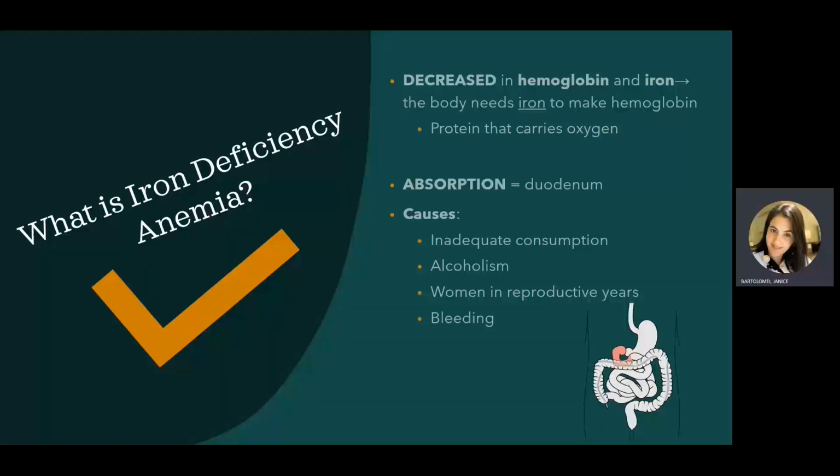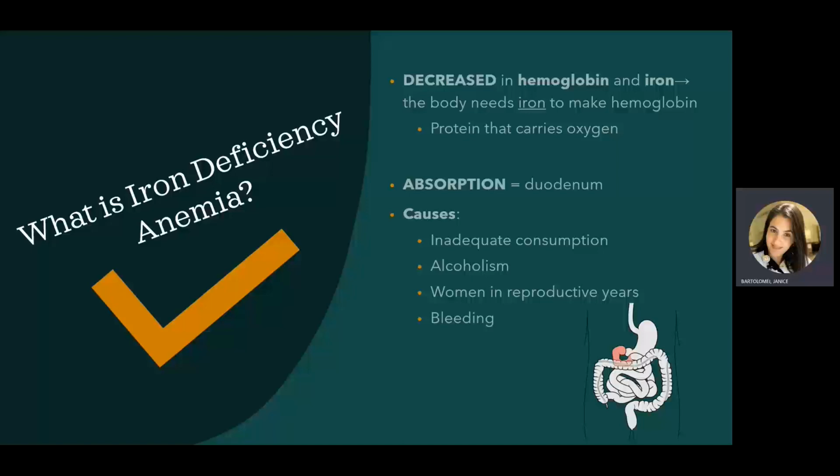Some of the causes that can lead a person to have iron deficiency are a deficiency in their diet. They don't consume enough nutrients or foods that are high in iron. Alcoholism is key.